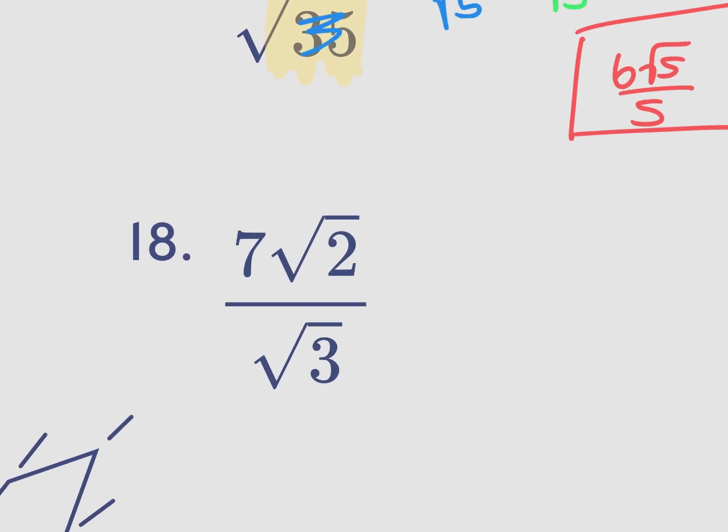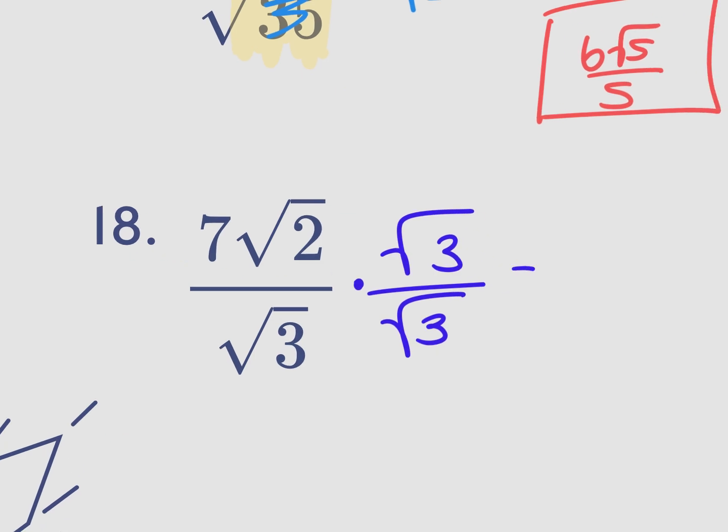All right, let's look at 18. What's the problem with 18? The 3. Very good. It's underneath the radical. So the first thing I'm going to do is say, is the radical on the top, will it simplify with the radical on the bottom? It doesn't. Okay. All right, no problem. So how do I get rid of that radical 3? We're going to multiply the top and bottom by the radical 3.